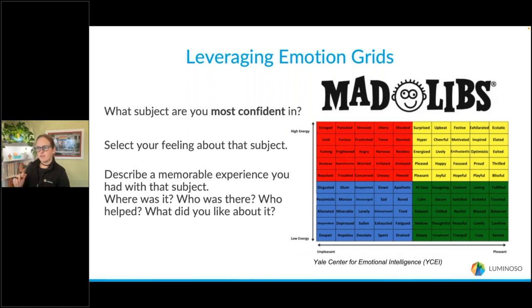And if we flip it for least confident in, we can also take these emotions and say, well, if you're most confident in something and you feel disappointed or miserable about it, that's going to be a very different experience and a very different action plan than folks who are least confident about something, but they still feel optimistic and proud. All right, so this is going to give that school board some really interesting data that I hope we'll get to work with soon.